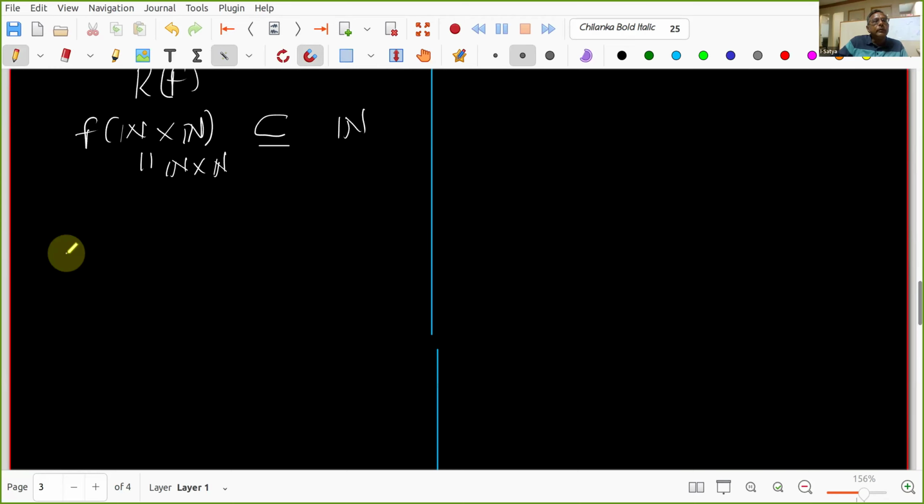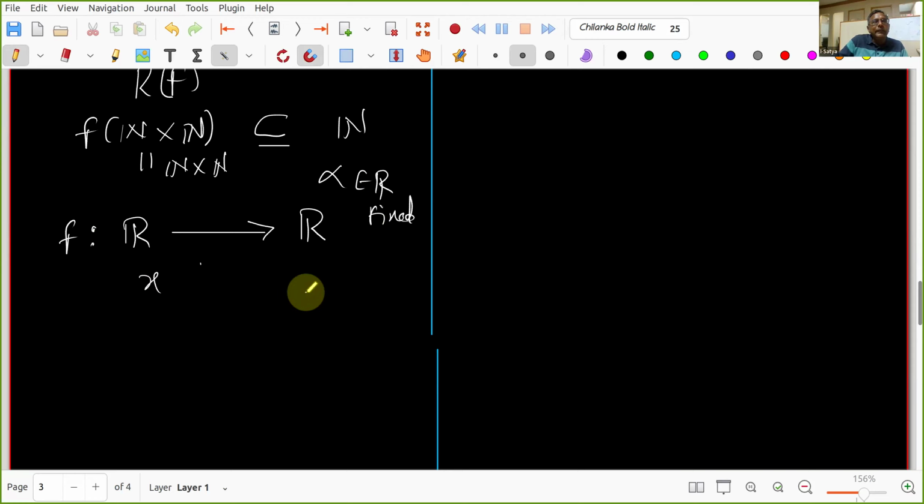F is a map from R to R. Alpha is some fixed real number, and x is mapped to alpha times x. Can somebody tell me whether it is 1-1, onto, or whatever you want to comment?